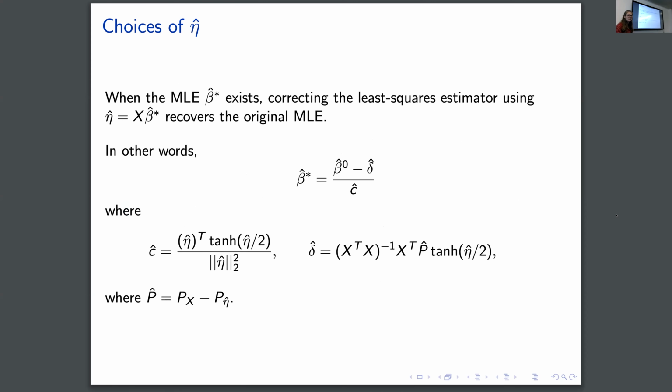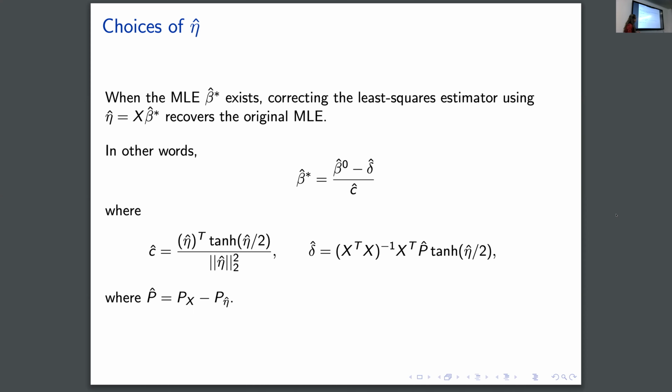Another interesting case is the case where the MLE exists. Whilst this may not be practically very useful, it does provide an interesting relationship between our approach and maximum likelihood estimation. If you take the MLE, call it beta hat star, and you estimate beta using the MLE, so take beta hat equal to X beta hat star, and then correct the least squares estimator, what you get is the MLE again.